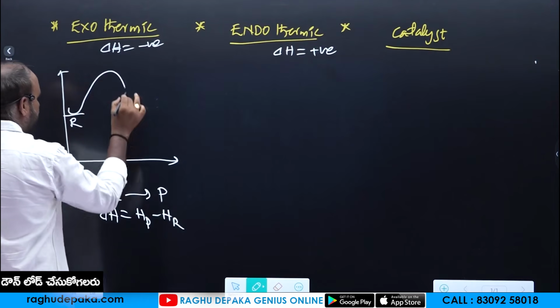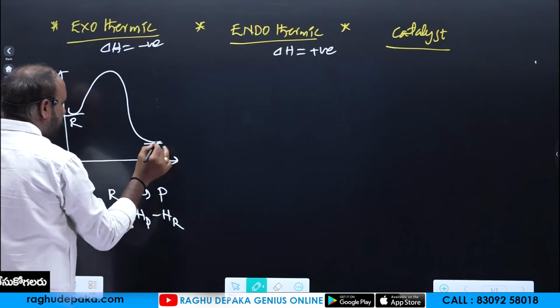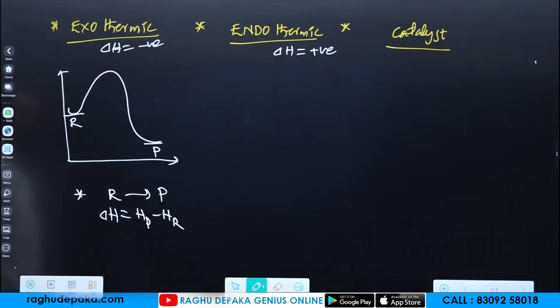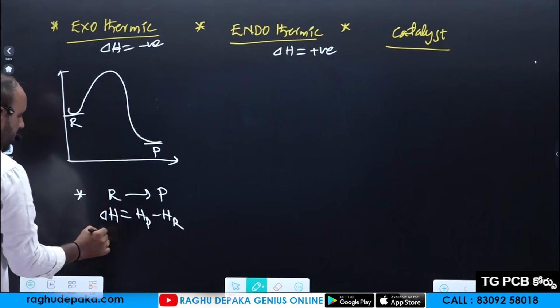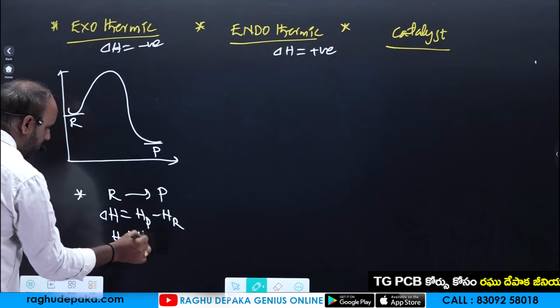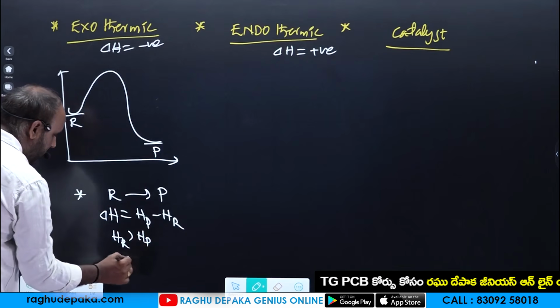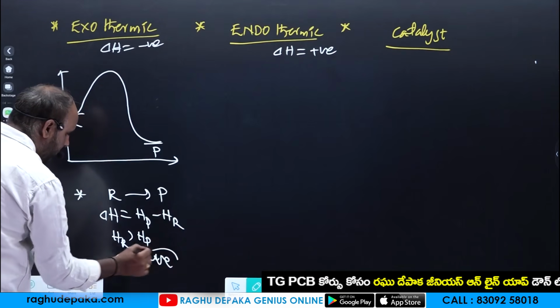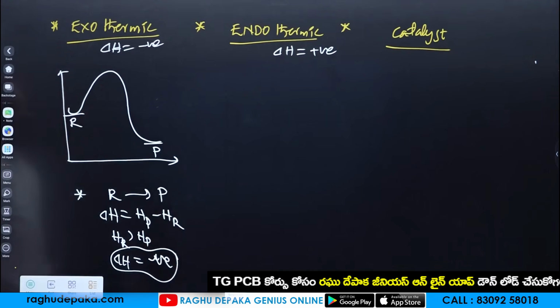These reactant molecules are converted to less energetic products. So H of reactants is more than H of products, hence delta H will be negative.